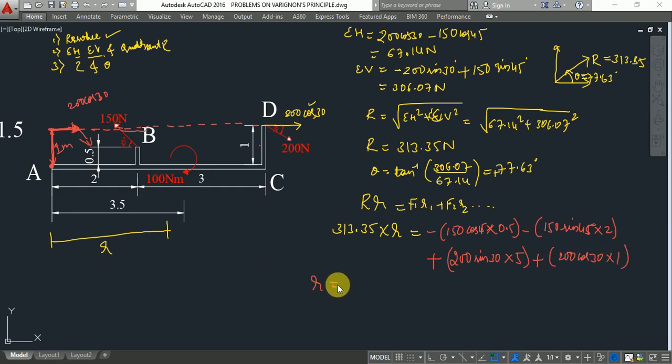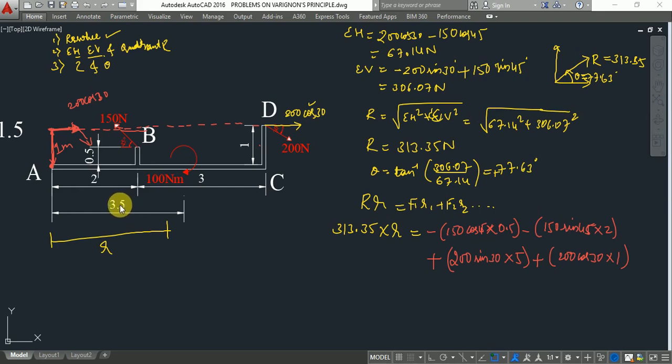Apart from that, one more thing we are missing here. There is a moment also acting here. A moment of 100 Newton meter is acting directly here, in clockwise direction. So don't get confused with this 3.5. There is no need of multiplying.